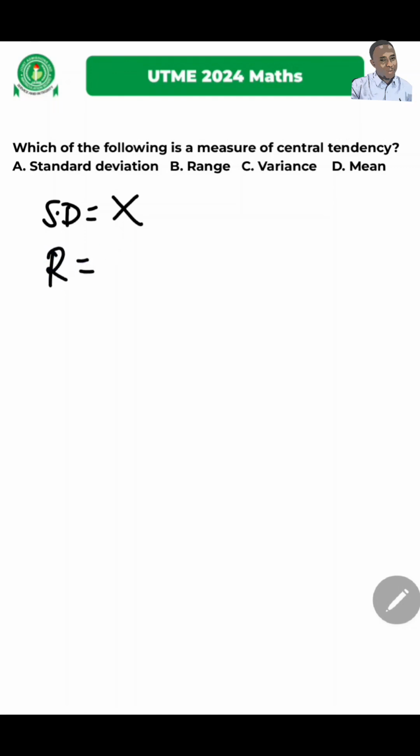Range is the difference between the highest and the lowest value, and that also indicates dispersion, not central tendency. Variance is a measure of how much your data points deviate from the mean, which means that the variance is also not a measure of central tendency, it's a measure of dispersion. So finally, the mean, which is the average of a given set of data, is central tendency. So the answer is mean.